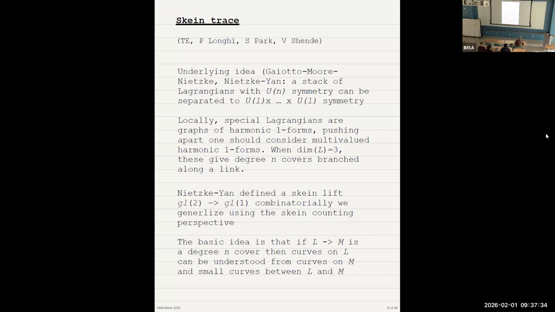When you have this in dimension 3, such a multi-graph gives you either just a boring cover, or it can also give you a branch cover, where you take this Lagrangian and project it to the zero section, and it's a cover outside of a link, and along this link it's a branch cover. So it looks like z to some power in the normal bundle of the link.